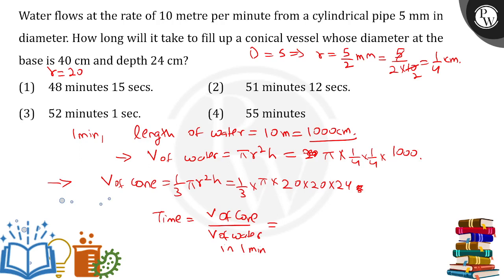When you do the division, this will have pi into 20 into 20 into 24 in the numerator. In the denominator we have 3, the pi from this one, and multiplied by 1000. The 4 and 4 will also go in the numerator, 4 into 4.